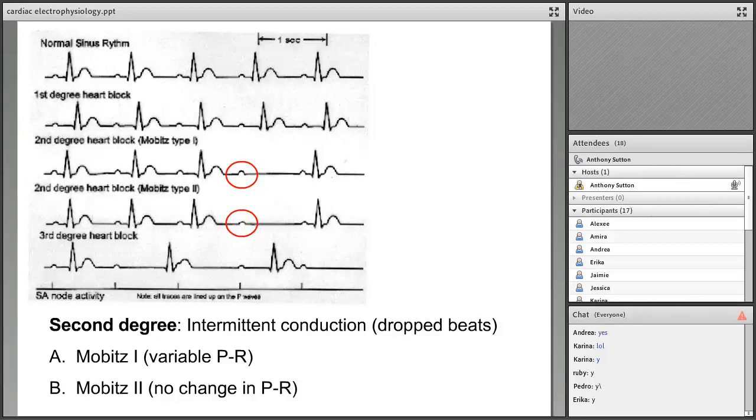Well, something happened. So now that takes us to a second degree heart block. Now in second degree heart blocks, you have two types. You have the Mobitz 1 and the Mobitz 2. Okay, those are the two types. Now, in the second degree heart block, type 1, the husband, P, and his wife, QRS, are now getting into this cycle of breaking up and then getting back together.